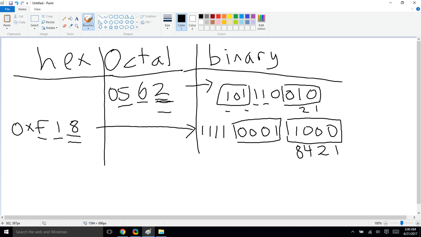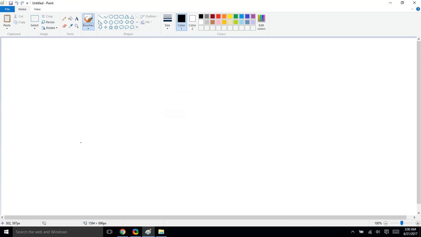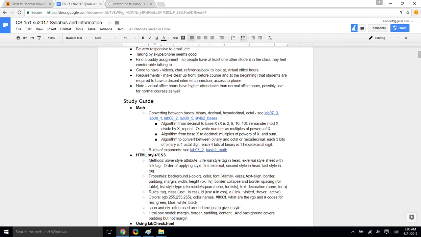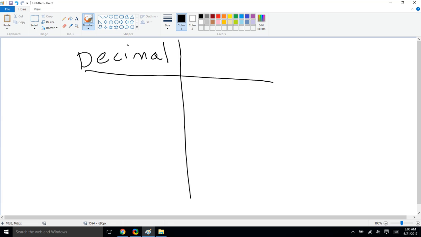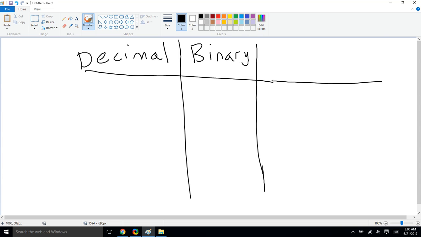Okay. Now, the last thing that we want to be able to do is to convert from decimal into these bases. Start with a decimal number. And first we'll go to binary. Let's start with something easy like 4. So what is 4 as a binary number?